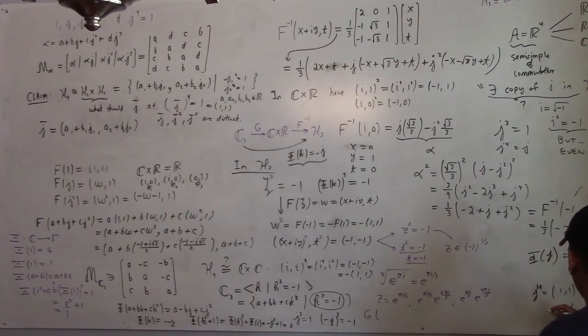If J squared is equal to 1, if you took the square root of that. So if you could find a square root of J, then that to the 4th power would be 1, 1.